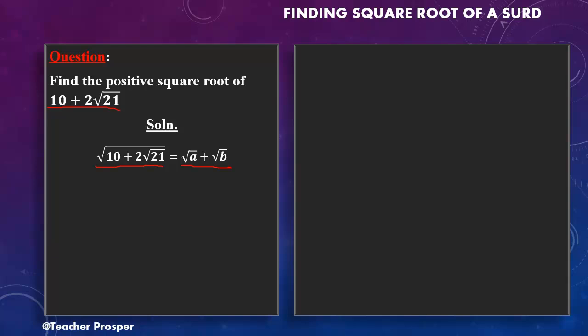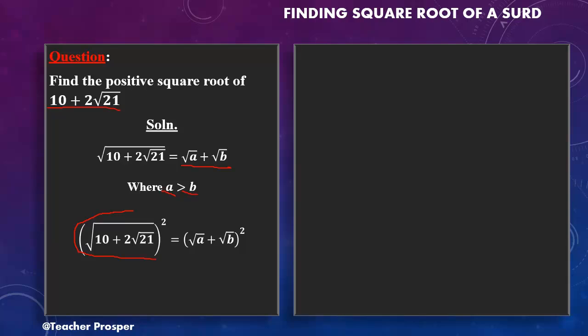So our next step brings us to looking at how to find the values of A and B by squaring both sides. Now, we are going to assume that A is greater than B.